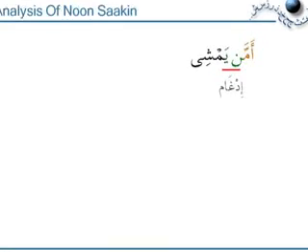So we'll do some analysis. This is for noon sakin. So we have here amman yamshi. If we apply the rule, because we've got noon sakin followed by one of the yarmaloon letters, the letter ya is in the yanmu group, so there's going to be ghunna, which we've indicated with green.